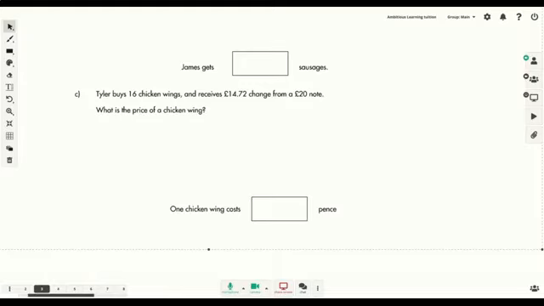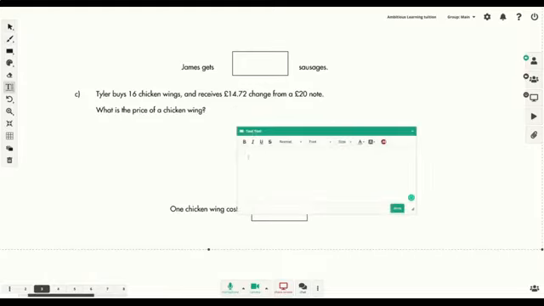So let's do it now. What are you doing? You're subtracting 14.72 from 20.00. That gives you 5.28.